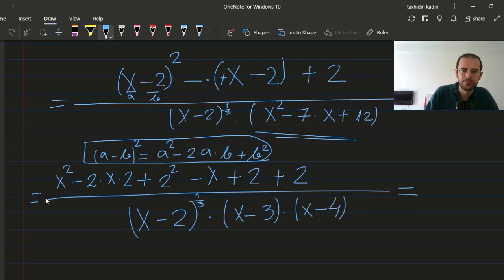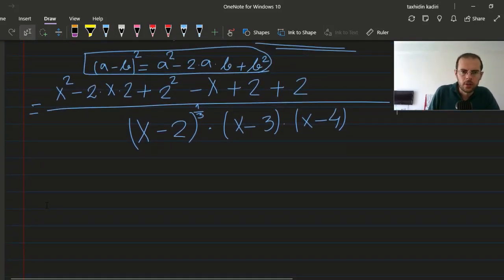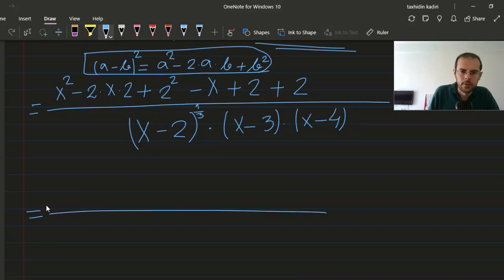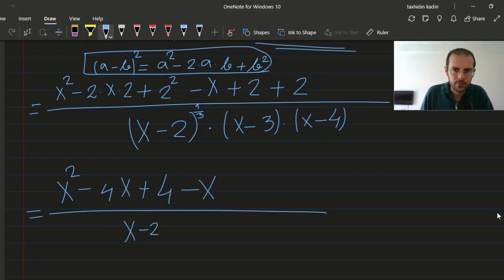Now we will write here. Now we are going to continue. x squared minus 2 multiplied by 2 is 4x, plus 2 squared is 4, minus x, 2 plus 2 is 4.